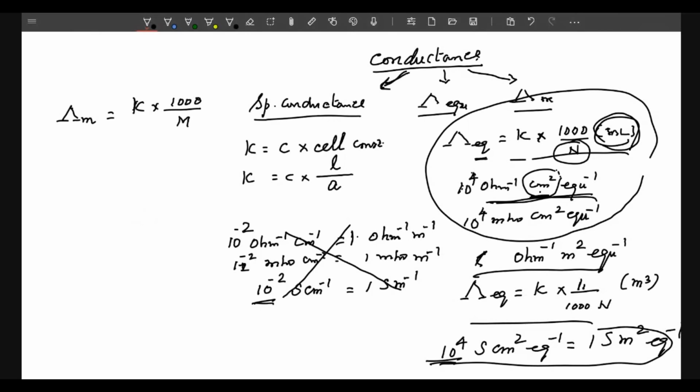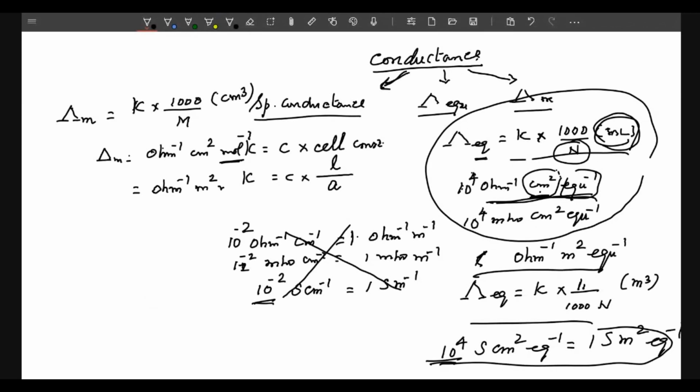Here the volume is given in centimeter cube or milliliter, and the unit for lambda m would be per ohm per centimeter square. What's the difference? Here, per mole would be the final unit. There it was per equivalent, but here it is per mole. That's the difference.